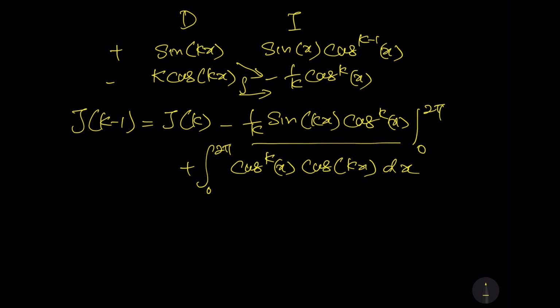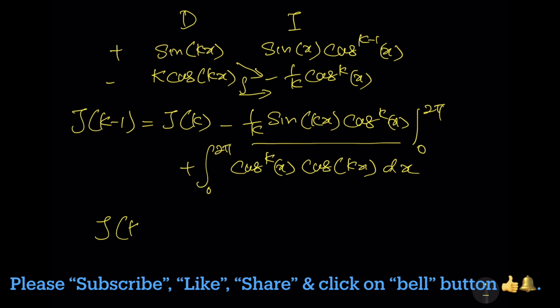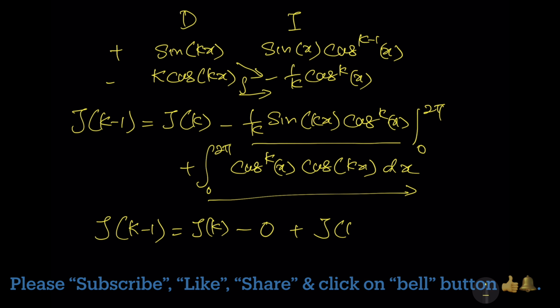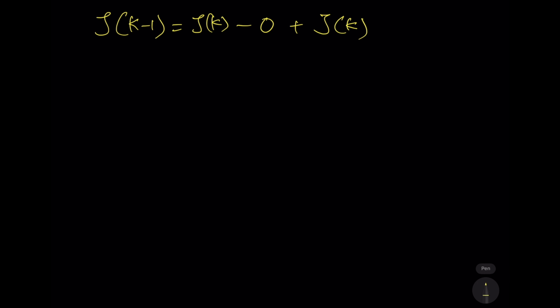This part of the equation is always equal to 0 for both x equal to 0 and 2π. Therefore, we have J_{k-1} equals J_k minus 0 plus the second part, which is plus J_k. Therefore, we obtain a recurrence equation: J_k equals 1 over 2 J_{k-1}.